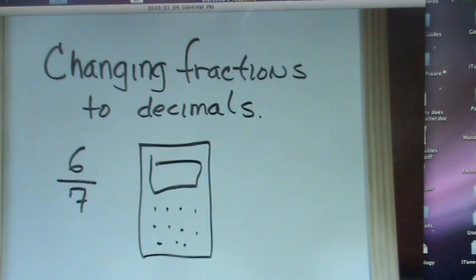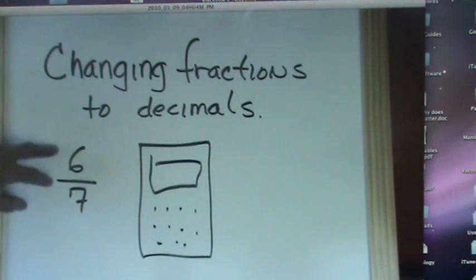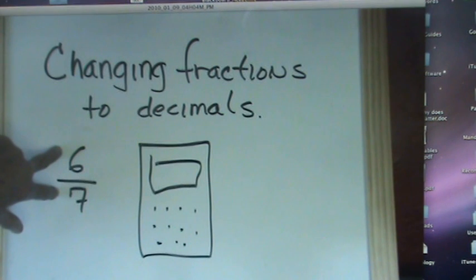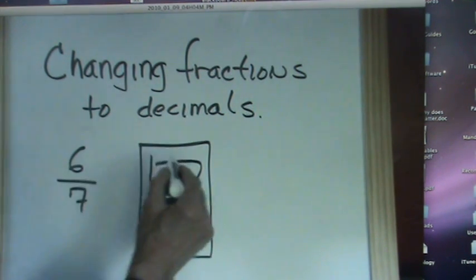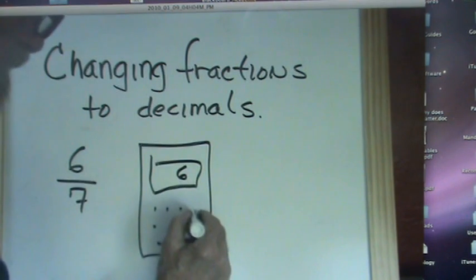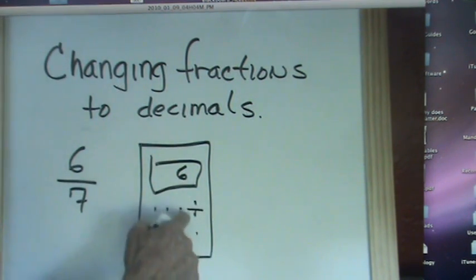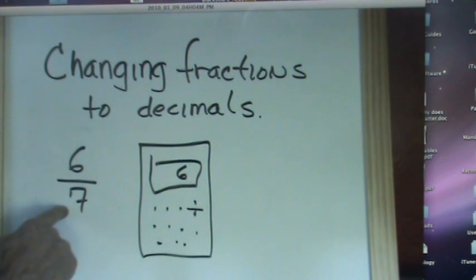Well, we know that to change this fraction to a decimal, we divide the denominator, the bottom part, into the top part. So if you were going to put it into your calculator, you would put this number first. So you would put 6, and then you would hit the divided by sign on your calculator, and then you would divide it by 7.